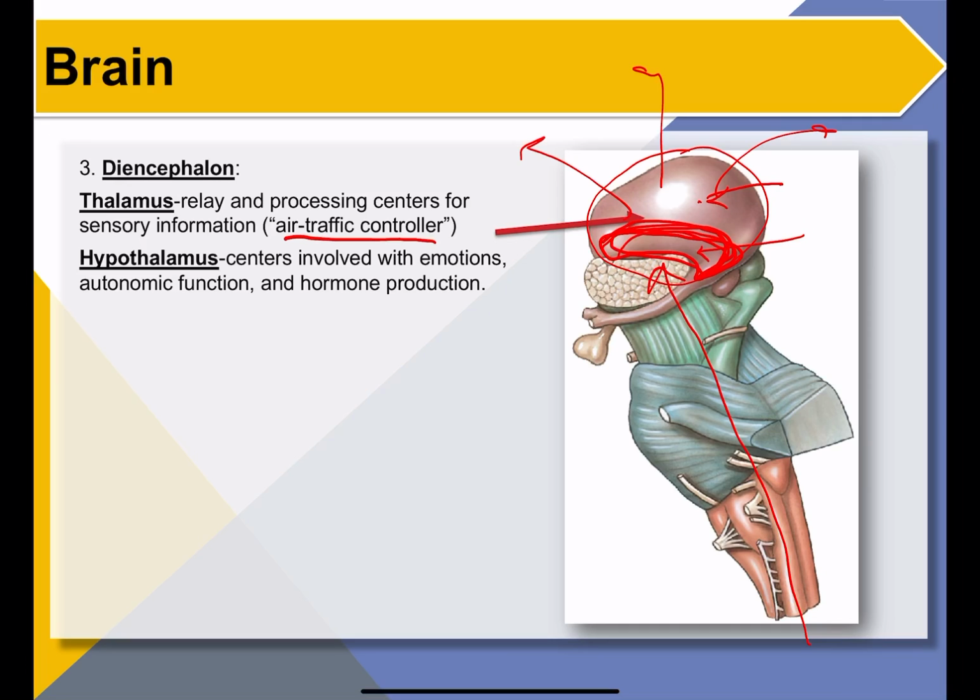But in general, the hypothalamus contains centers that are involved with emotions, autonomic functions, and also hormone production. We'll talk about the hypothalamus again in the next semester when we start the endocrine chapter. We start off the second semester with the endocrine chapter because that is a very critical chapter for communication.